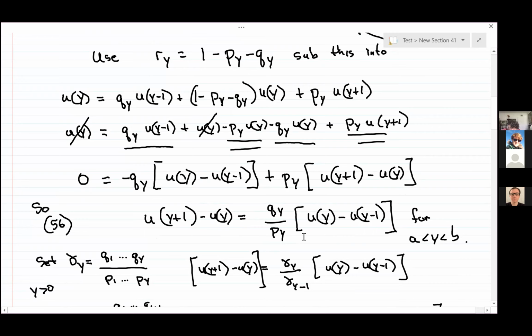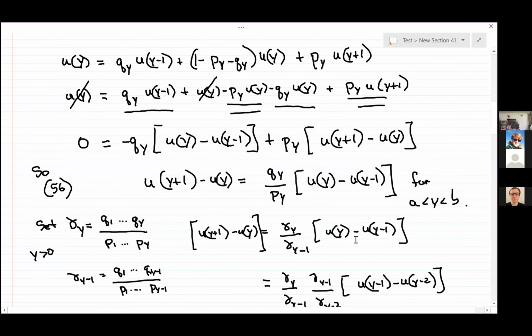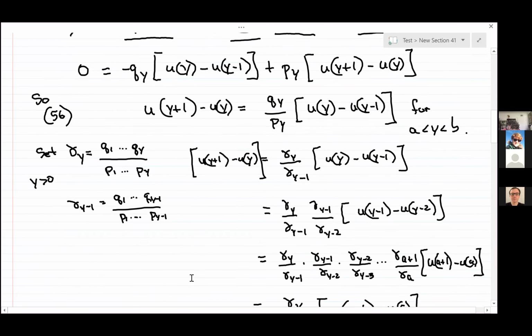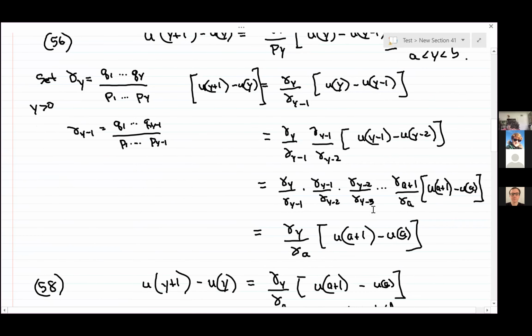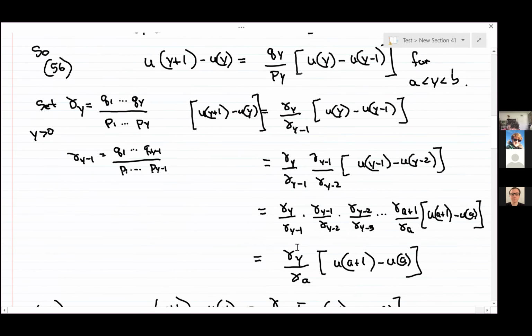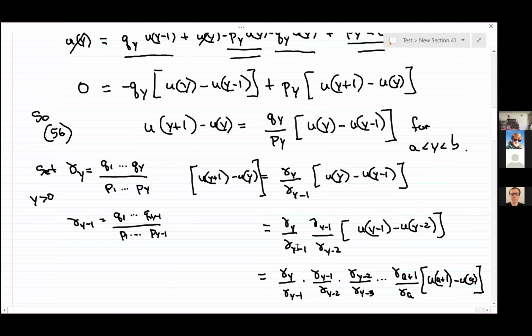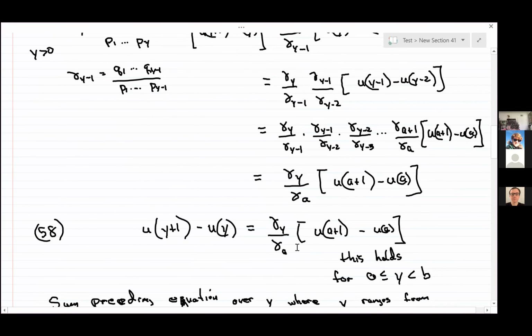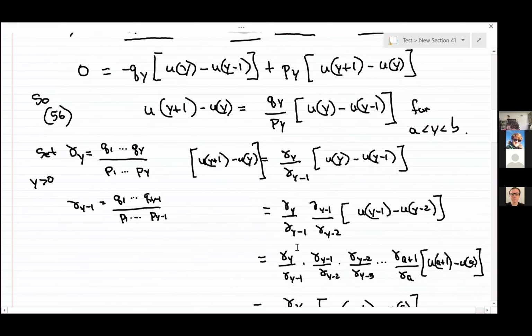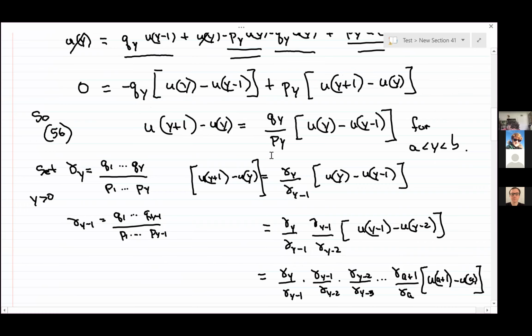So I'd say 56, which is pretty much just algebra, is important. And here we replace the constants by these gamma constants. And that's just so that we can see the cancellation that occurs here. In theory, you probably could keep this if you wanted to keep it all in terms of P's and Q's.